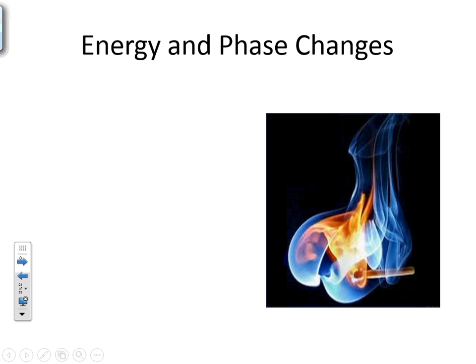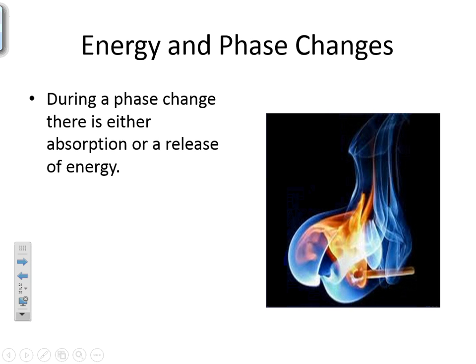When we talk about heat, heat is energy. Phase changes happen due to energy. I am adding heat, adding energy, or I'm taking away heat, taking away energy. So phase changes occur when there is an absorption or a release of energy. I'm giving away energy or I'm taking energy.